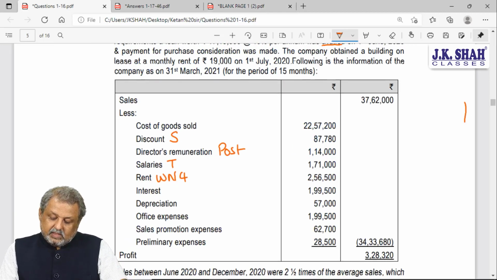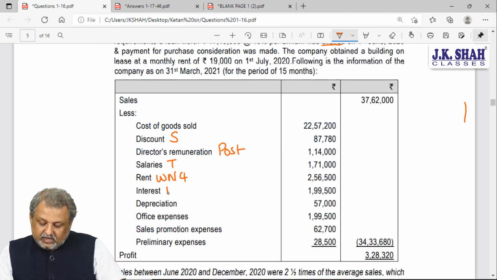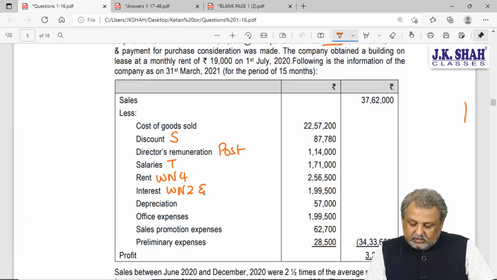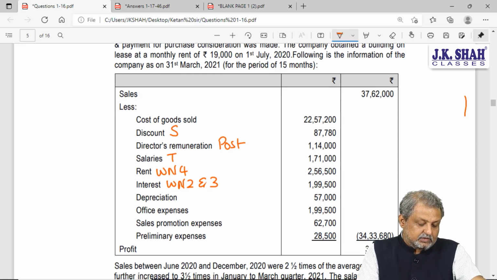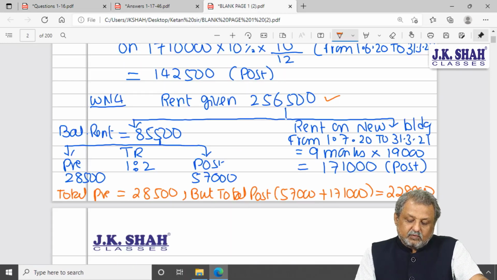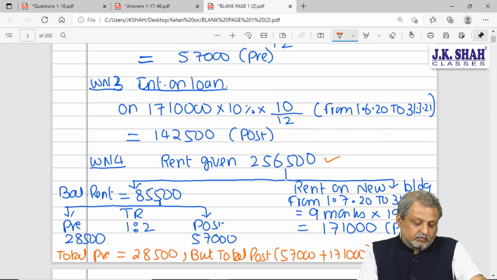Then interest for that working note 2 and 3, 1,99,500 is total interest. But look at your working note 2 and 3, 57,000 is pre. So 1,42,500 is post. Correct.